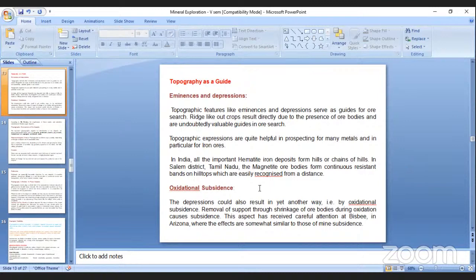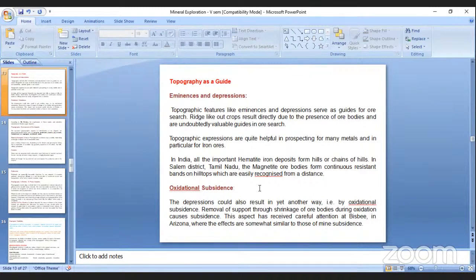And oxidation subsidence. Here we are speaking about depressions, which show results in a different way through the process of oxidation and reduction, and through the removal of support by the shrinkage of ore bodies during the oxidation process. That means during oxidation, depressions are formed.